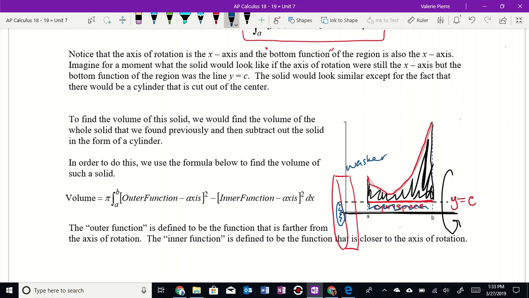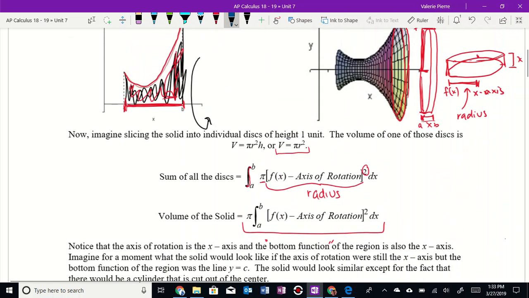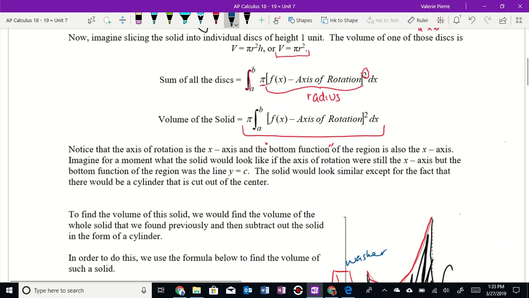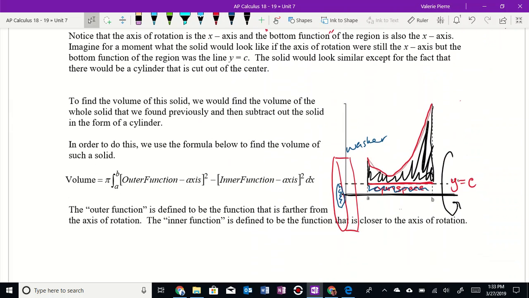Above we had a disc, and now we have a washer. A washer has this open space in the center. So in order to figure out how to find the volume of that, now we're looking at the space from f of x to our axis, which in this case is y equals c.